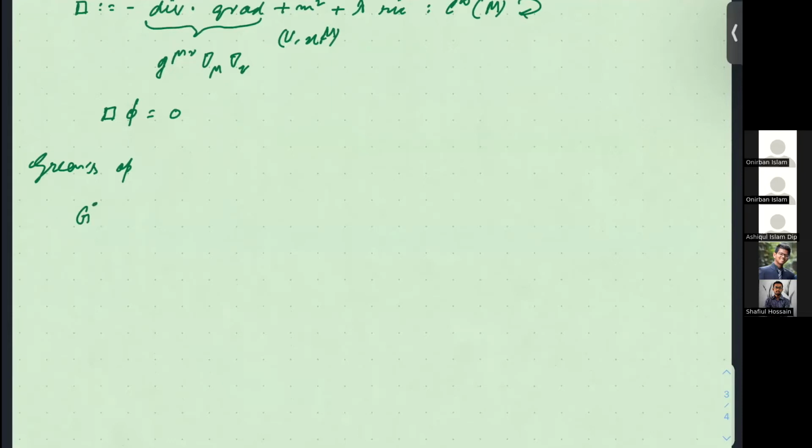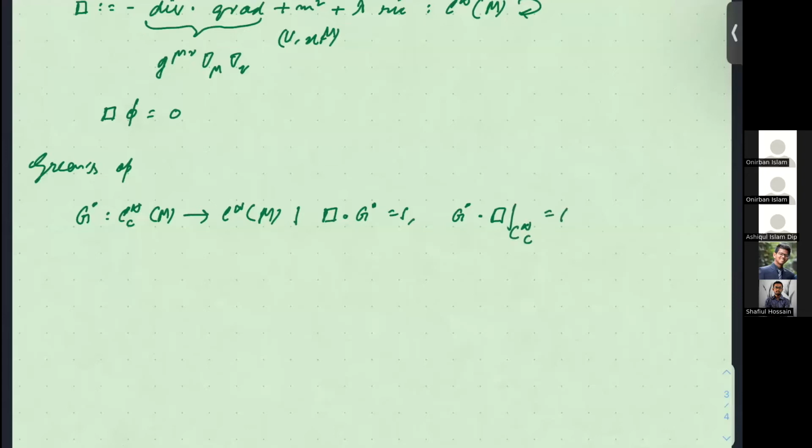G, I will write something later, is a mapping from compactly supported functions on the spacetime manifold to smooth functions on the manifold, such that it is kind of an inverse, which means that if you apply box after G you get the identity, and the other way around, if you restrict to compactly supported sections, it will also be the identity.